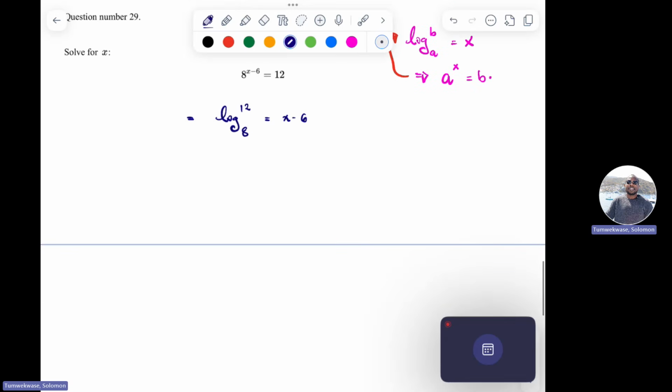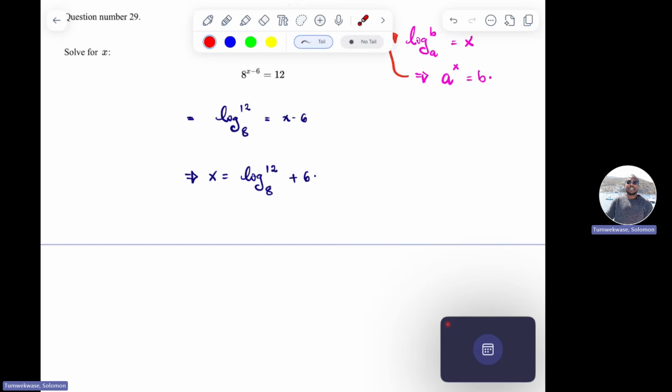Remember, I'm trying to find x. So this means that x is equal to logarithm of 8 to 12, plus 6. And according to the multiple choice answers you had, your answer looked like that.